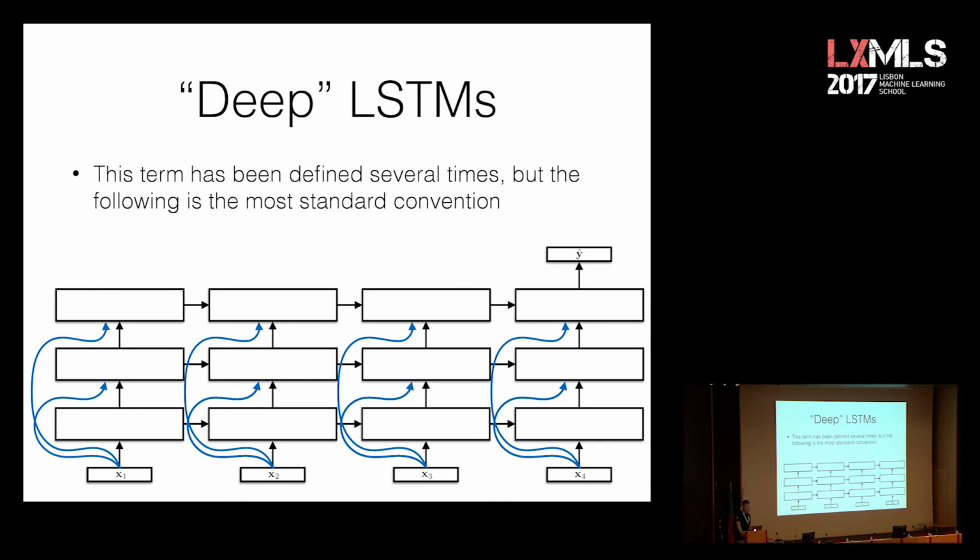This is usually what we mean by deep LSTMs. Then we maybe do one prediction. There's nothing complicated about this at all. We just take the hidden state at time t and feed it in as the input at the layer above. So this is very easy to implement.